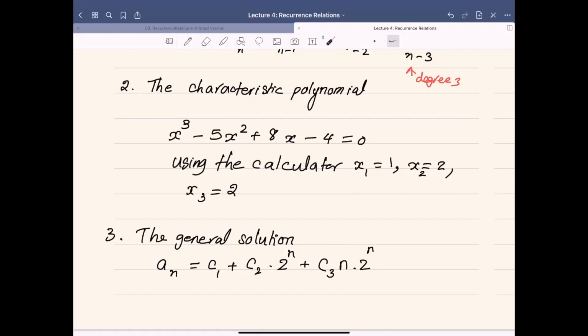How did we find this answer? If you remember that since these are repeated roots, so this one will be multiplied by 1 and this one will be multiplied by n.